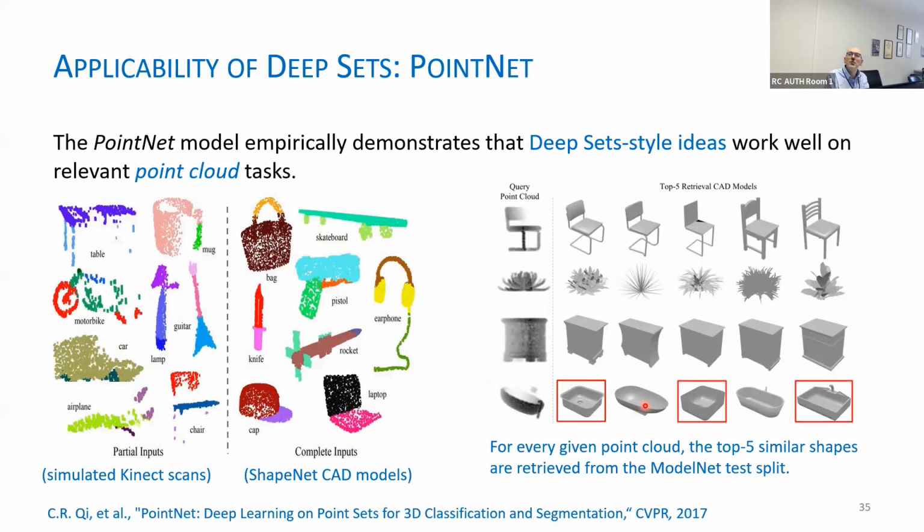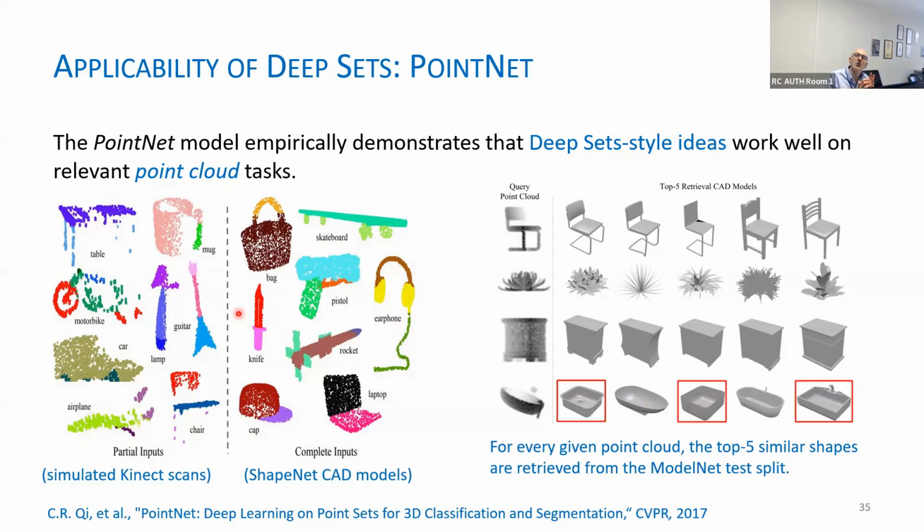So these are two figures I took from the PointNet paper. And so you see here that the aim of this network is to process a general set of 3D points. So in this case, we are in the 3D domain, but actually the network can also work for higher dimensionality.